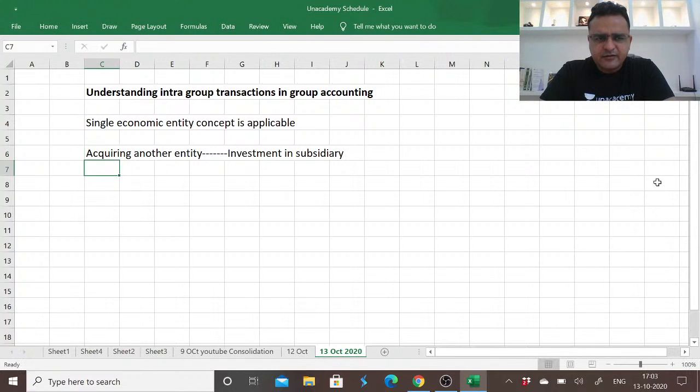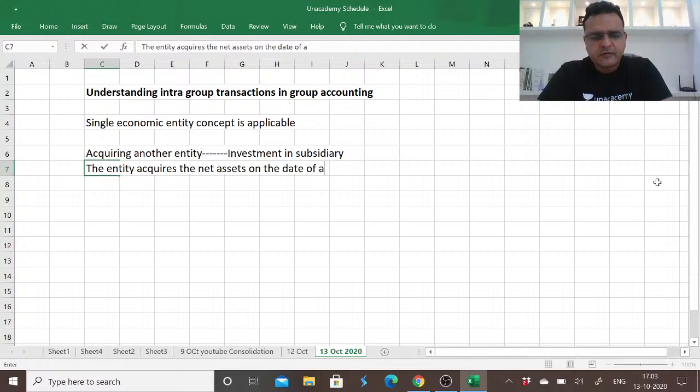On the other side, what we have acquired is the net assets on the date of acquisition. So the first intra-group transaction is this, which we eliminate with the principle.